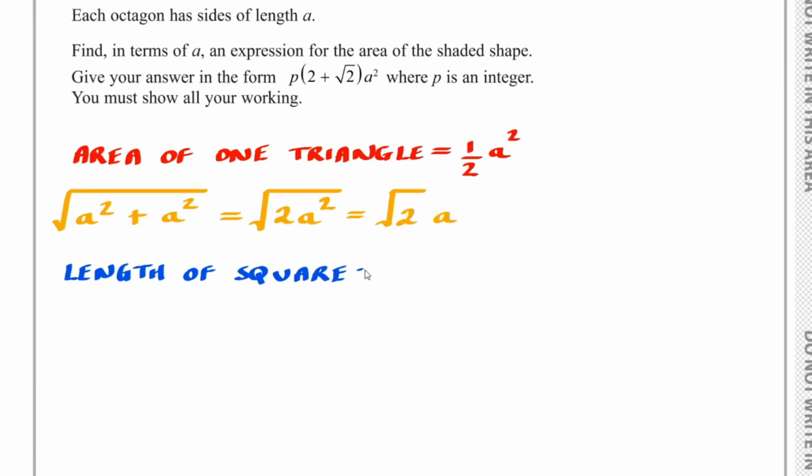So the length of the square is given by a plus a plus root 2a, and if we work out what this is equal to and simplify it, we have 2a plus root 2a.